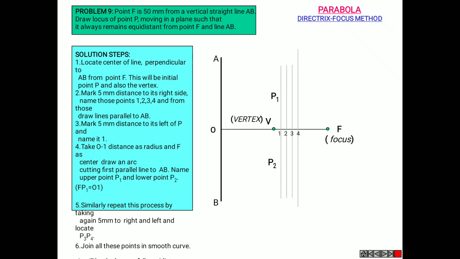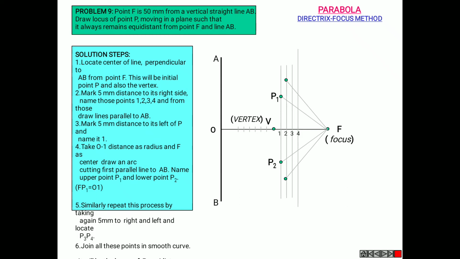O to 1 as radius, F as center. We'll cut some arcs on the first line, both upper and lower, in order to obtain P1 and P2 points. Similarly, O to 2 as radius, F as center, will cut the second line both upper and lower in order to obtain some points.